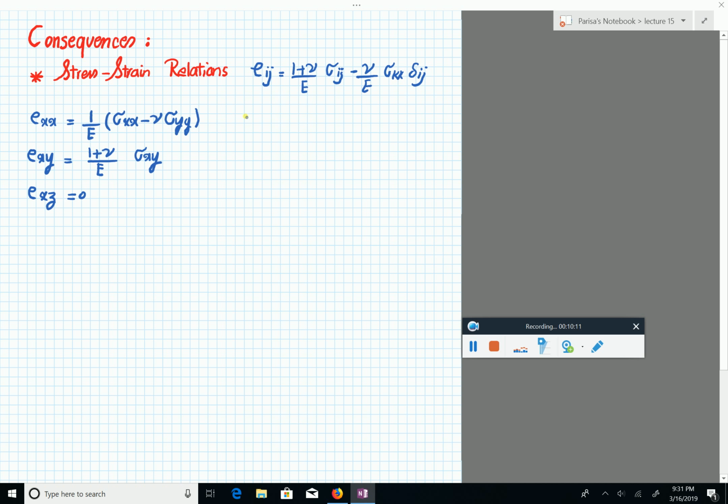And then Eyy is 1 over E minus nu sigma xx plus sigma yy.